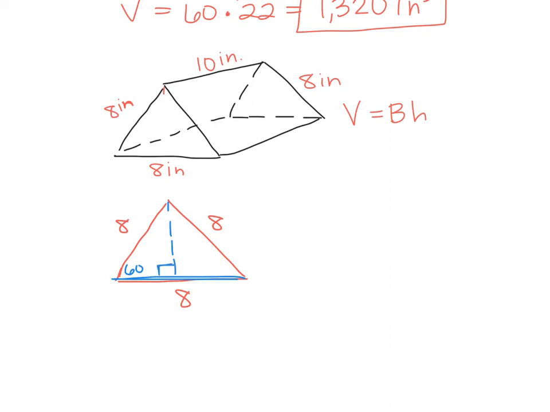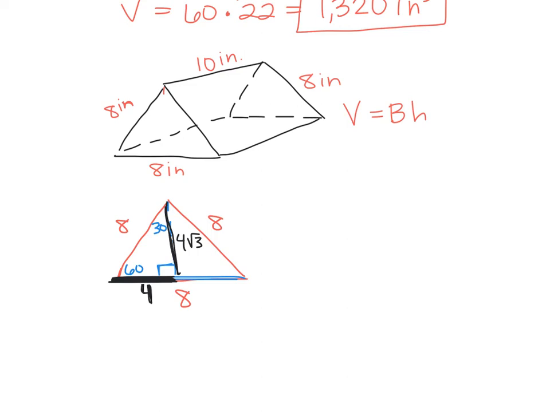Now what kind of triangle are we looking at? A 30, 60, 90. Okay, so this is 30. What would this be? That's 4. It's half that side, right? So this is 4, which makes the height, what? 4 rad 3 in a 30, 60, 90. Okay, now you can find the area of that triangle.